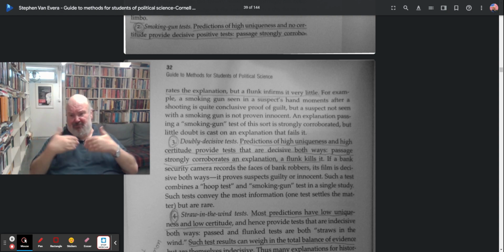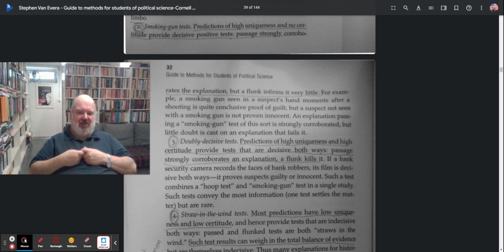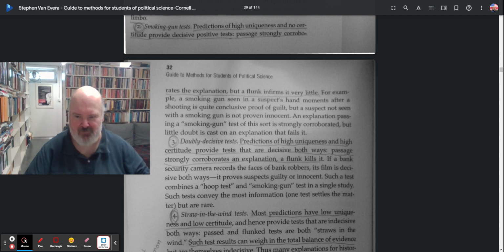I wasn't there, so okay, that isn't me. A smoking gun that is not you doesn't prove that you didn't do it, right? But the hoop, showing that you could not have been there at that time, does show that you could not have done it. Well, that means you failed the hoop test, right? So this is how the different mechanisms work, right?